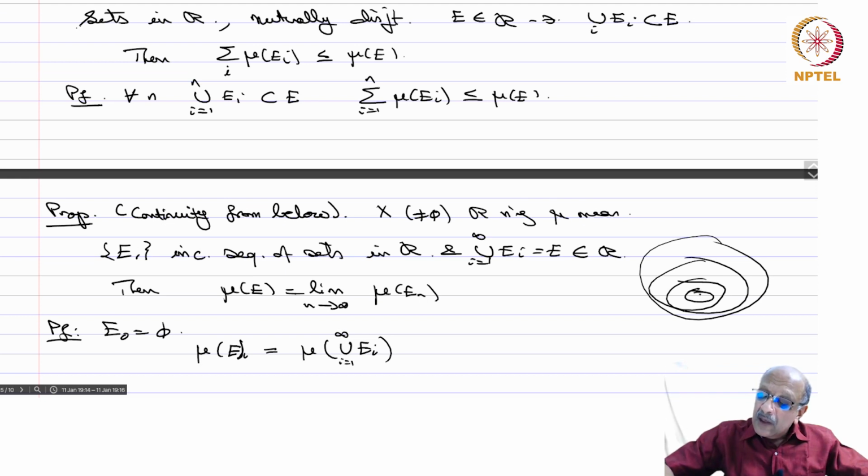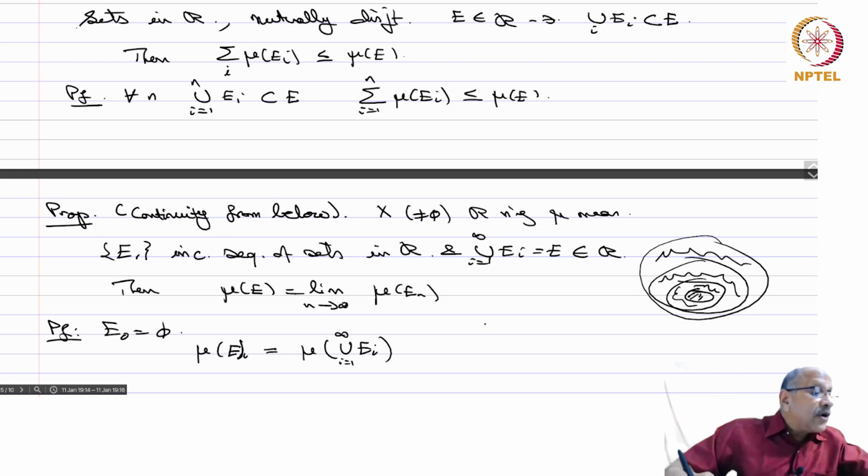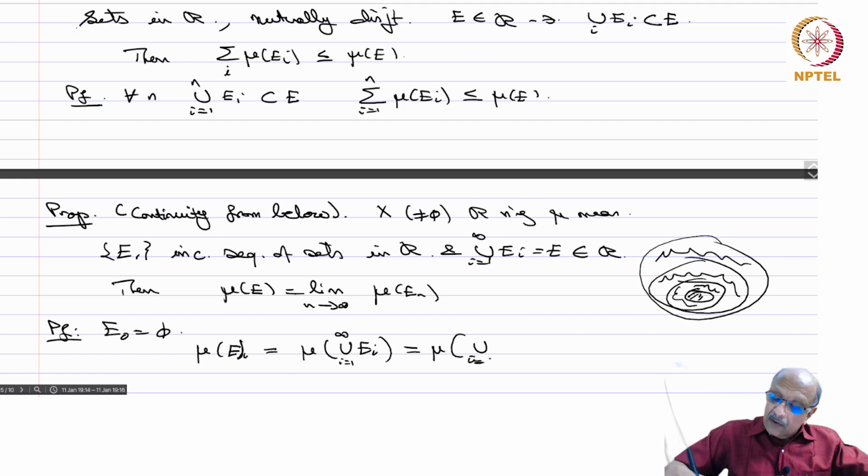So you have E naught, then E1, then I will take just this portion here, and then just this portion here, so that I can write this as a disjoint union. So this is equal to mu of union i equals 1 to infinity of E_i minus E_(i-1).